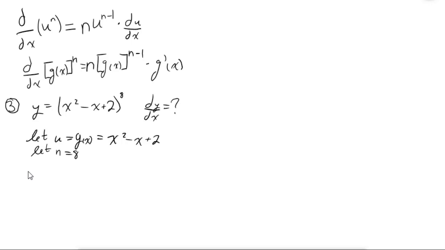Then using our rules, we know that the derivative of the function y with respect to x is equal to, according to our rule, our n, so 8, multiplied by our function u, x squared minus x plus 2, all to the power of n minus 1, which is 7, or all to the power of 7, multiplied by the derivative of that function u with respect to x.